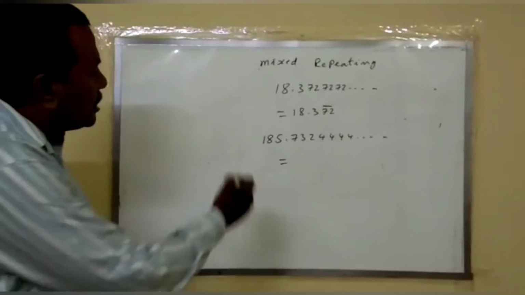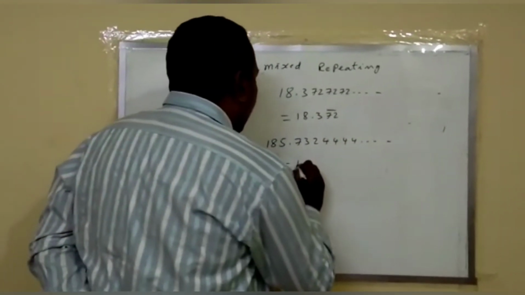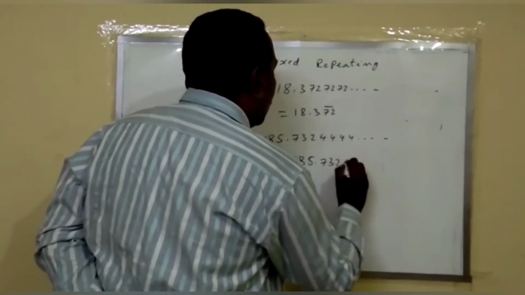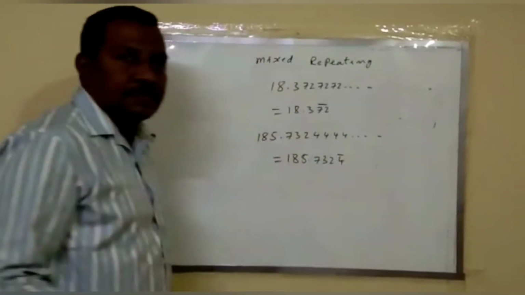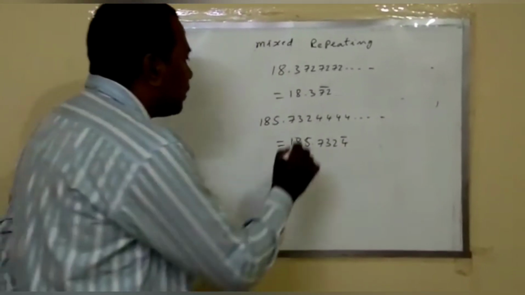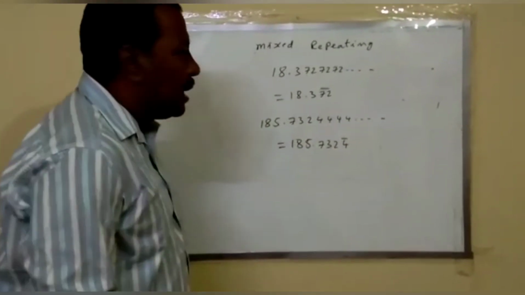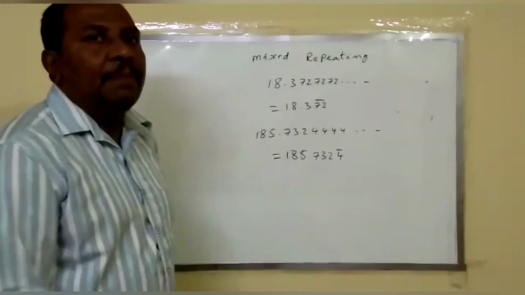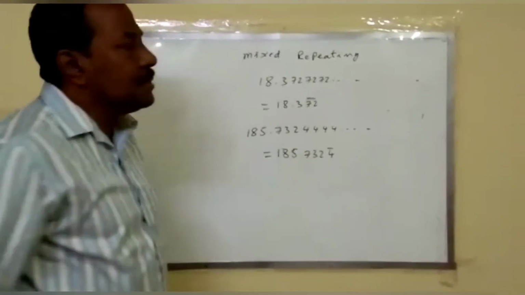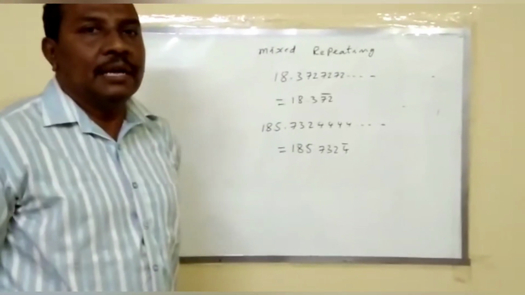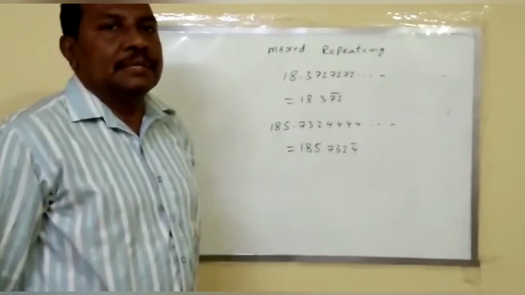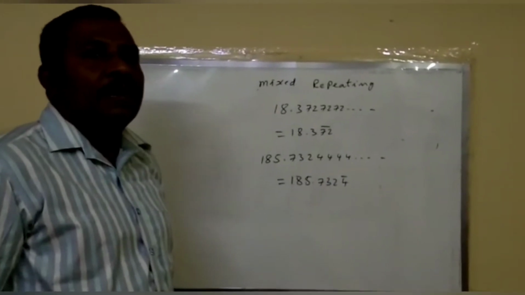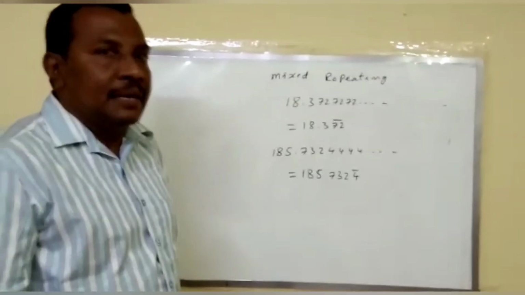Tell me, how can you write this in short form? 185.7324 bar, with the bar only over the 4, and the remaining 732 is left over without any bar. Such decimal numbers are called mixed repeating decimals. So these are the types of non-terminating repeating decimals.